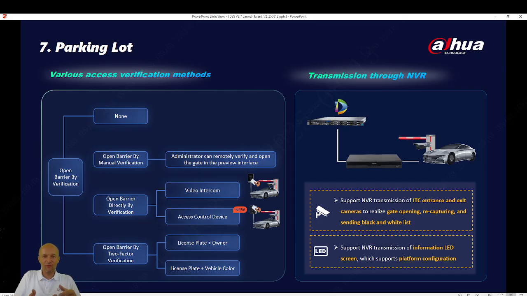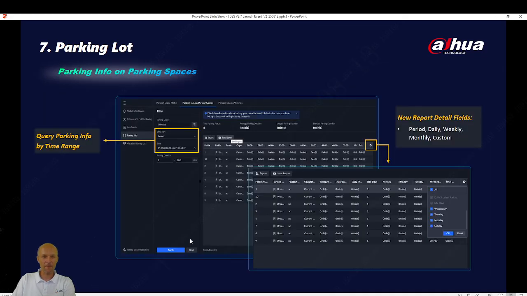So you will search for your license plate when your car left, but actually they are using a different license plate, for example, from a different car on the parking lot. If they use the different license plate, the car cannot exit unless it's the same color of the car. So you can choose this additional verification, two-factor verification over here.